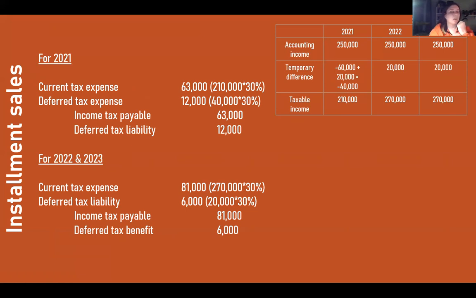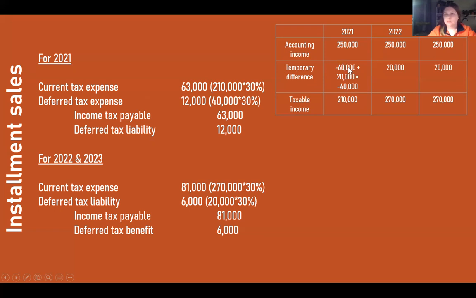All right. So your current tax expense is your taxable income times your tax rate. For your deferred tax liability, you use the sum of your temporary differences times your tax rate. So here it is 40,000 times 30%.